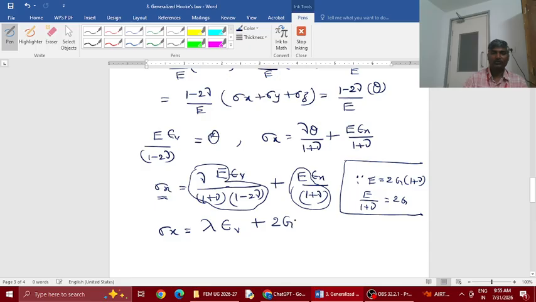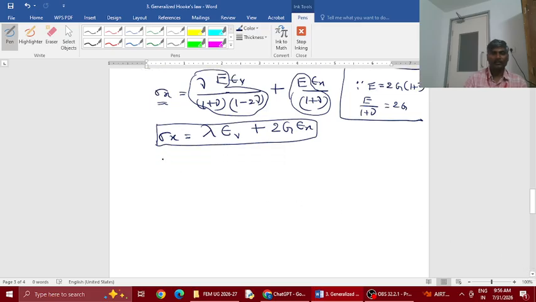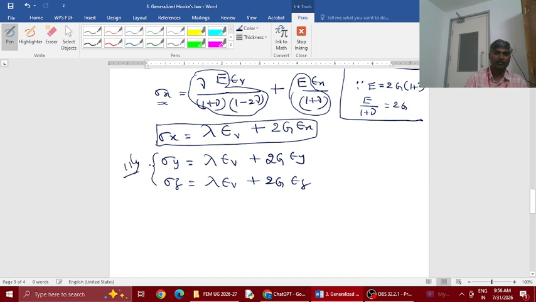So now you can write 2G here into epsilon x. This is the most simplified form of the stress strain relation, otherwise called generalized Hooke's law. The other stresses you can also develop in a similar manner, plus G epsilon y plus G epsilon z. These things are to be done similarly as what we have done for sigma x. This is what is called generalized Hooke's law.